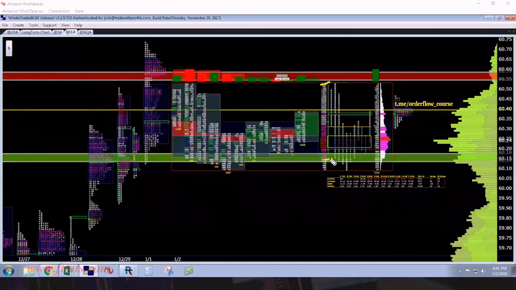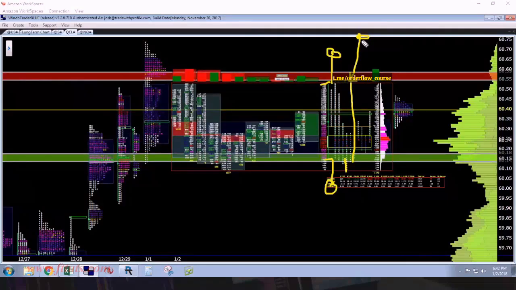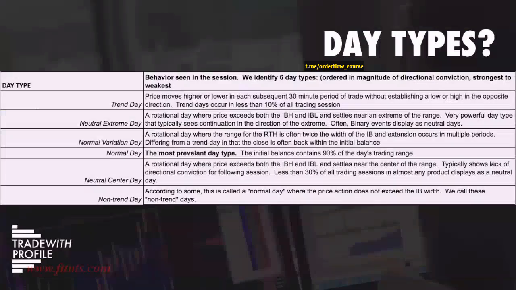A neutral day is when you exceeded in both directions beyond the initial balance. A neutral extreme day is when you close at one of the extremes. So for example, if we had come down, taken out the initial balance low, came back and traded through the high, and then closed up here, that'd actually be a very strongly directionally convicted day. We'd expect some follow through the next day. So that's a neutral extreme day type.